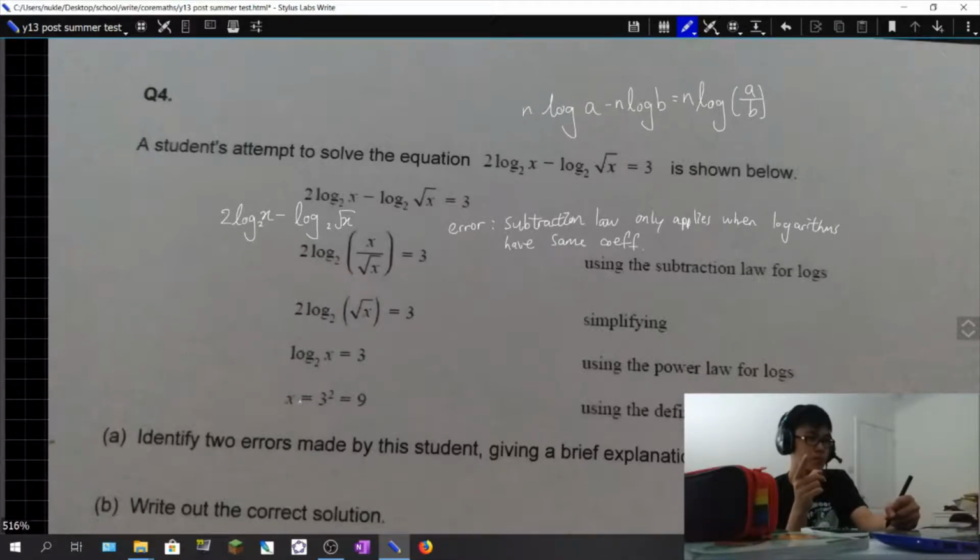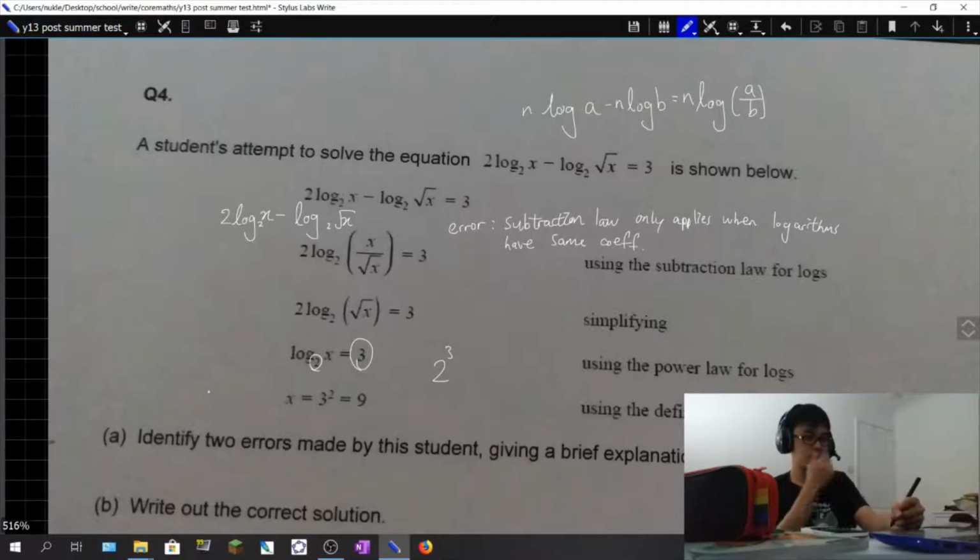But then you're saying that x is going to be equal to 3 to the second power. Okay, that's wrong, because this is the base and this is the exponent, so it should be 2 to the third power and not 3 to the second power.